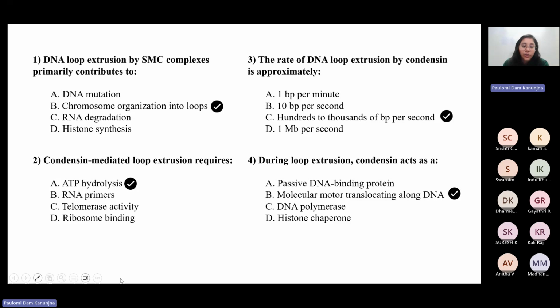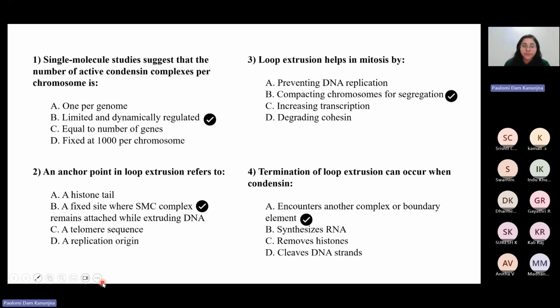The next set of questions. Single molecule studies. Remember these terms have come from the lecture notes. Single molecule studies suggest that the number of active condensin complexes per chromosome is... An anchor point in loop extrusion refers to... These are technical terms which I did not use because I knew they would come up in the questions.